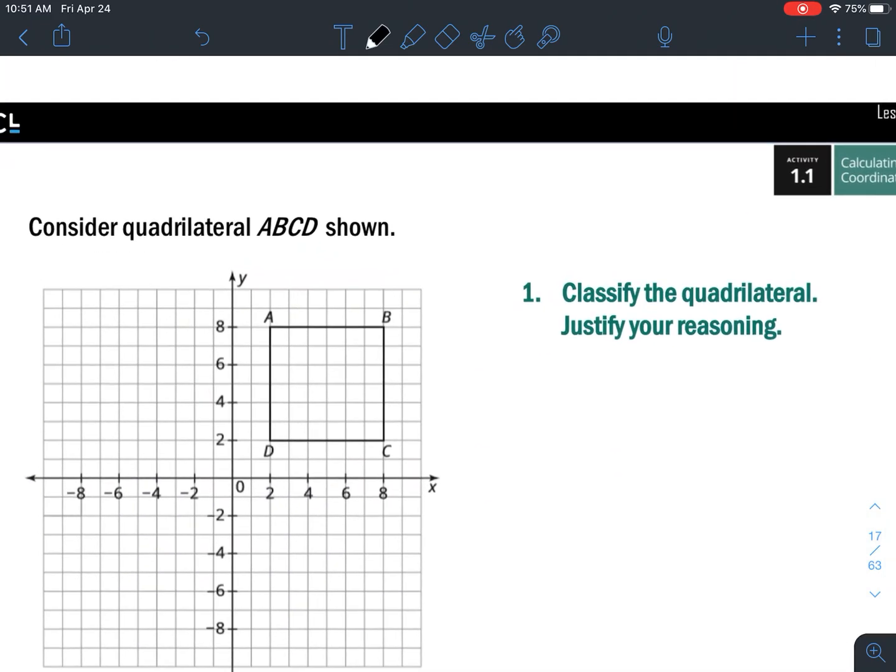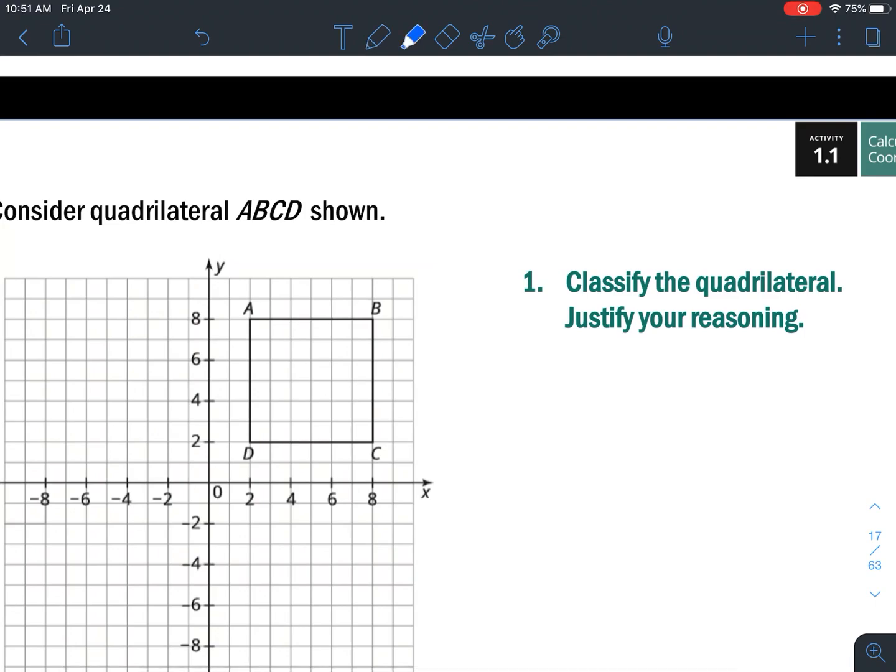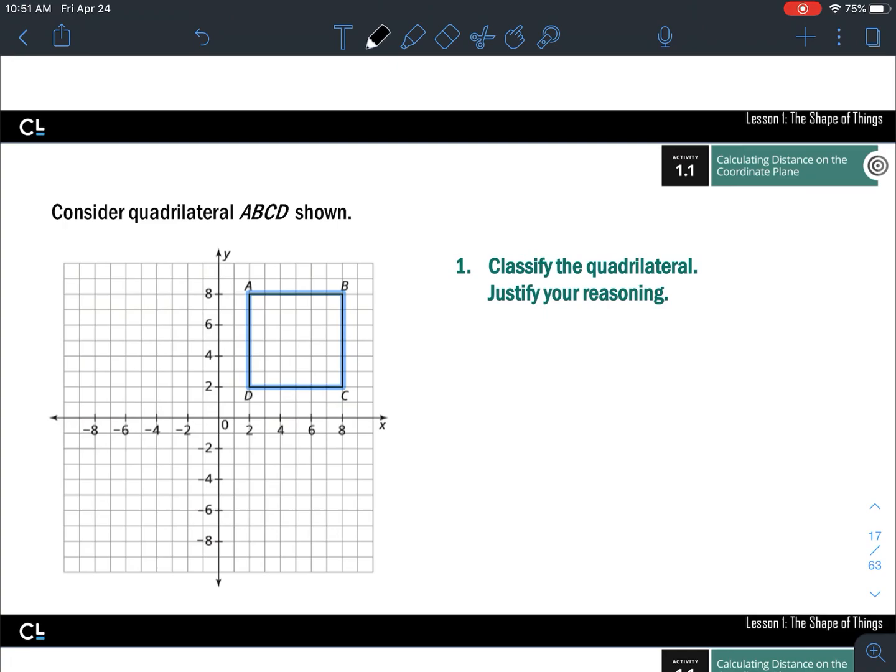Okay, consider quadrilateral ABCD. You should be able to tell, hopefully, square. Classify the quadrilateral, justify your reasoning. So we can say this is a square.